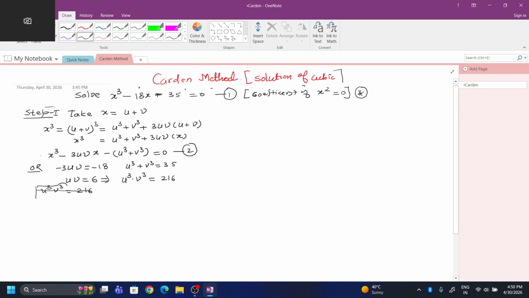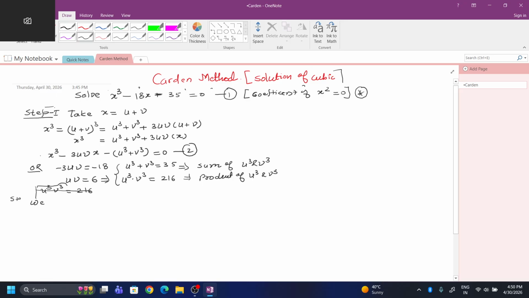So if you focus on these two lines, the first becomes the sum of u cube and v cube, and the second becomes the product of u cube and v cube. So we form a quadratic equation.